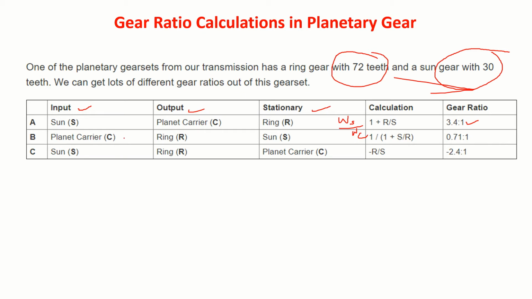Same way, if I do the derivation and hold planet carrier as the input, make ring gear the output, keep sun gear stationary, then you will get a relation like this, and put the teeth number and substituting that you are going to get this one. Same way, now make sun gear the input, ring gear the output, hold planet carrier stationary, you are going to get the reverse, minus. That's how we can set the gear ratios.